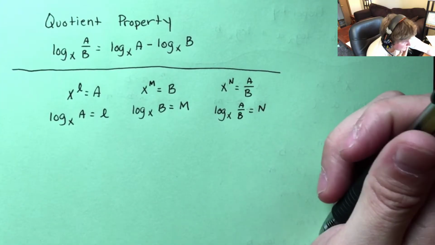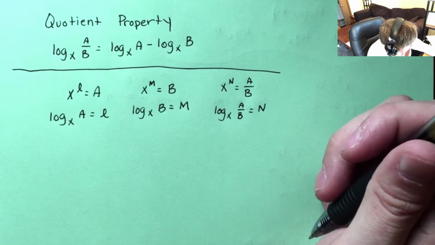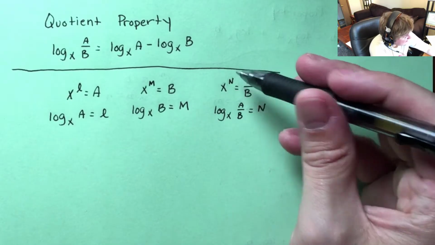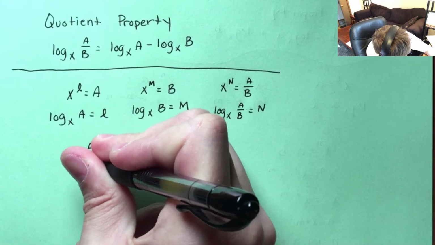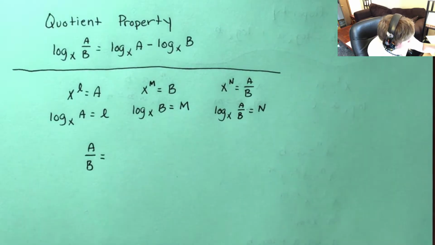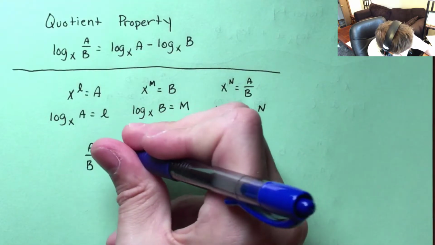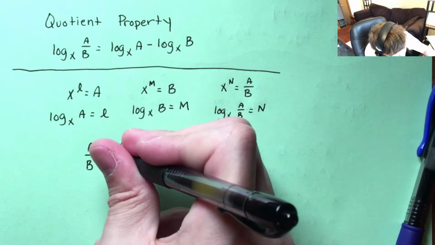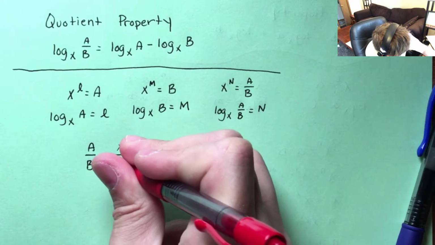So let's dive into this. Let's look at a divided by b. I know that a divided by b is the same as, well, what is a? A is the same as x to the L power. And what is b? B is the same as x to the m power.